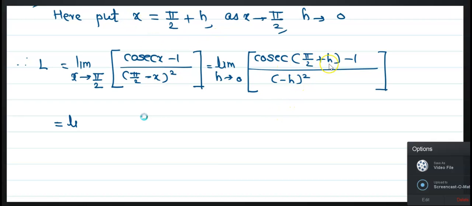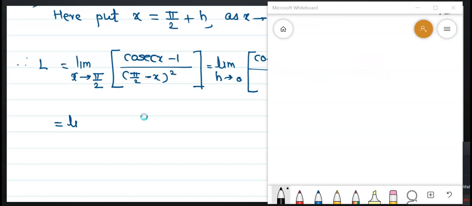Now cosec of pi by 2 plus h. The sine of 90 plus theta is cos theta. In the same manner, cosec of pi by 2 plus h is sec of h. It goes in the second quadrant. In the second quadrant, the sine is positive, and at the same time cosec is also positive.